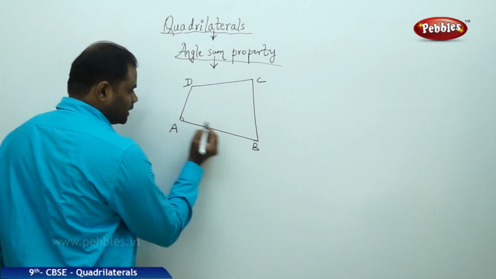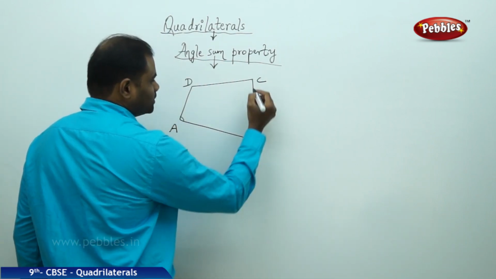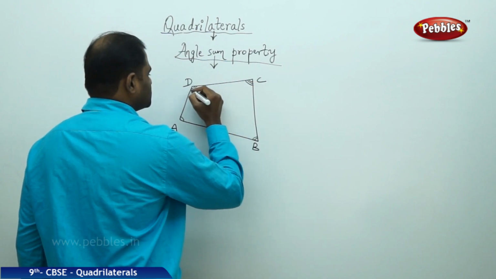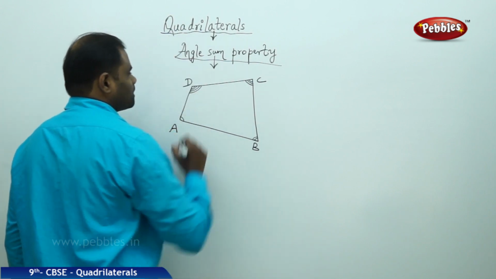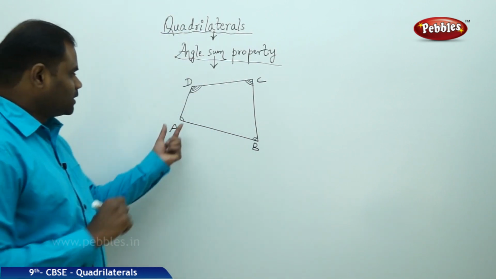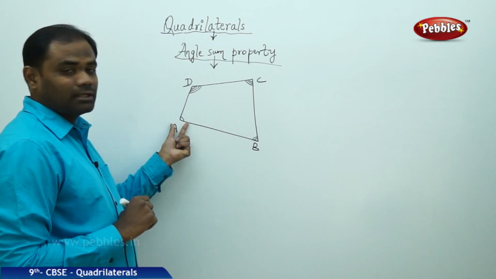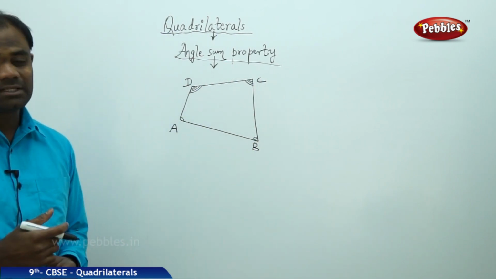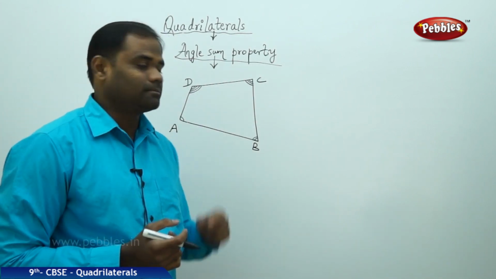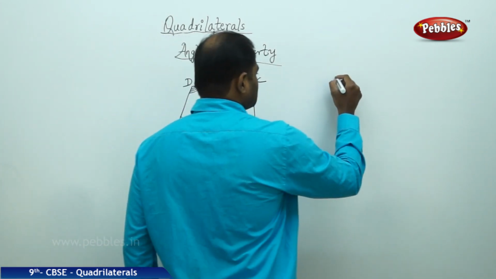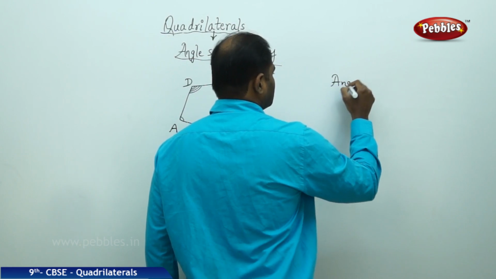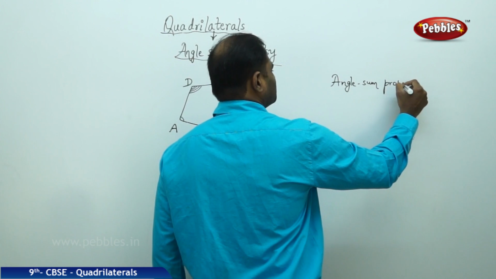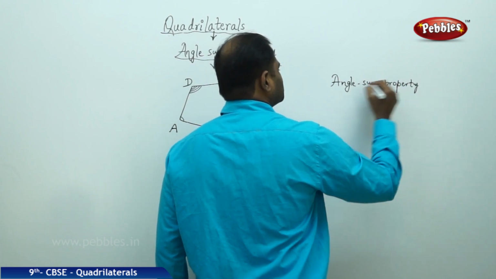This is angle A, this is angle B, this is angle C, and this is angle D. So here I have four angles, angle A, angle B, angle C, and angle D. Let's sum up to see the property. So what does angle sum property define?